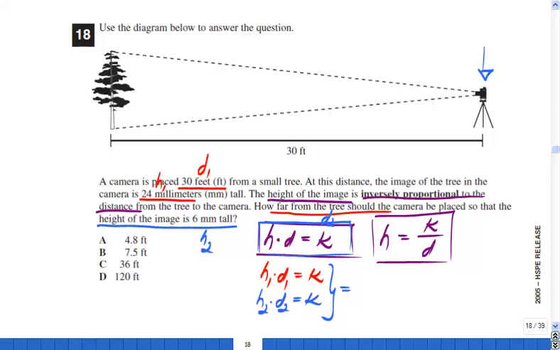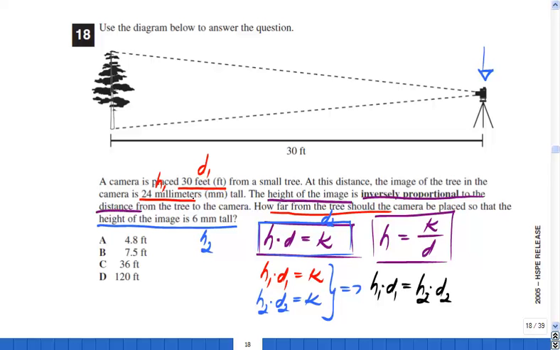Now from these two statements you can write that height 1 multiplied by distance 1 should be the same as height 2, the second height of your image, multiplied by the second distance.